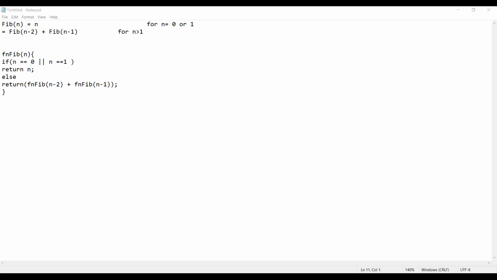Okay. Now after that, we have to discuss some disadvantages of recursion. Number one, it consumes more storage space because the recursive calls along with automatic variables are stored on the stack.